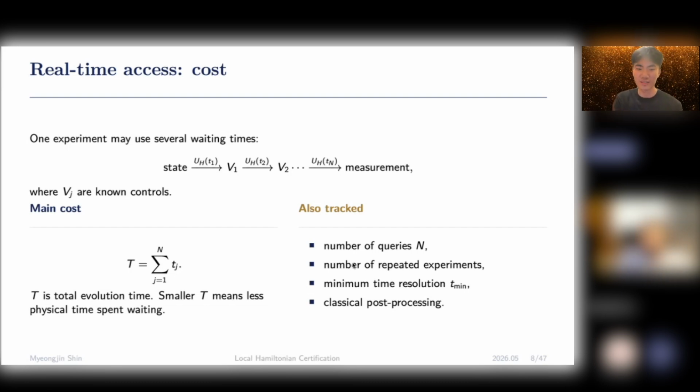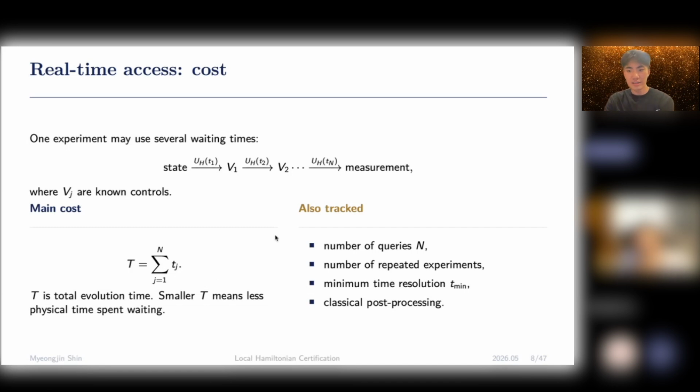So you can just sum up the tj's, which are the evolution times used in every evolution. Yeah, so this is the total evolution time, and almost every Hamiltonian work or paper tries to make this total evolution time reach the Heisenberg limit, which is trying to make the total evolution time 1 over epsilon, where epsilon is the desired accuracy.